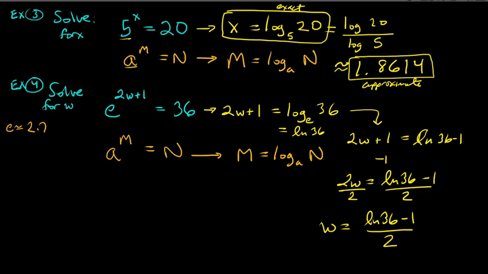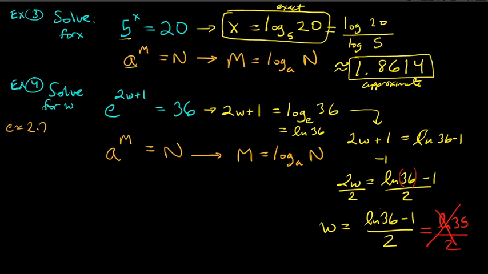And I know what some of you are thinking. You're thinking, hey, of course, that's just the log of 35 divided by 2. And if you're thinking that, you're way wrong here. That's not what this is. You cannot do that. So think about what we're doing here. We're taking the log of 36, do that first, and then take away 1.